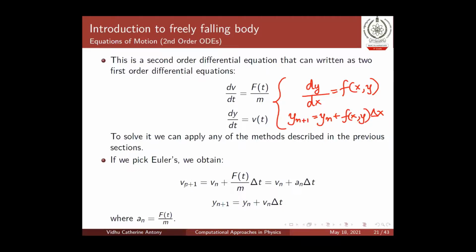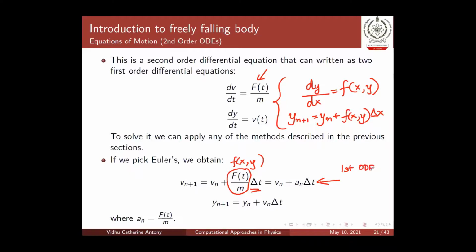So you have v n plus 1 is equal to v n plus the acceleration due to gravity, which is basically your f of x, y. I hope you see the relation, even though I haven't written down the Euler's method formula here. So this part is your function f of x comma y, and then you multiply it with delta t.